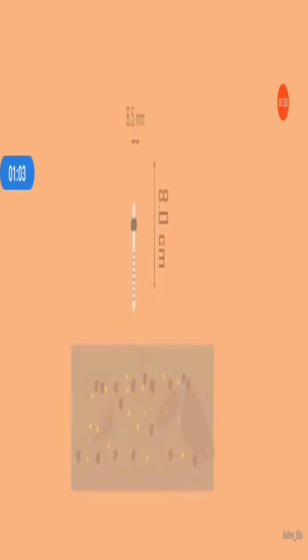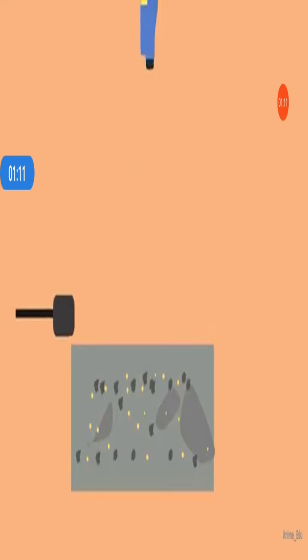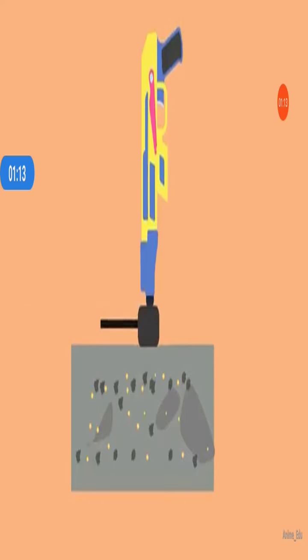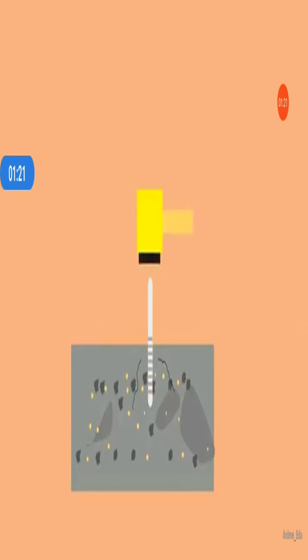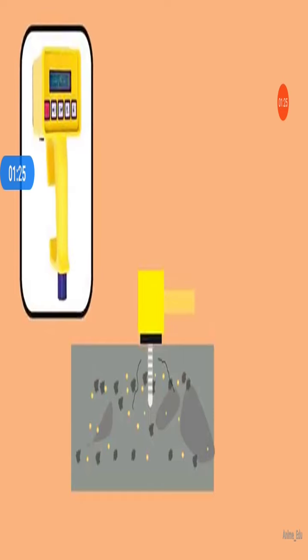A probe of diameter 6.5 mm and length 8 cm is used for testing. The gun is placed on the required location and the probe is forced onto the concrete sample. The depth of penetration of the probe provides the indication of the compressive strength of the concrete.